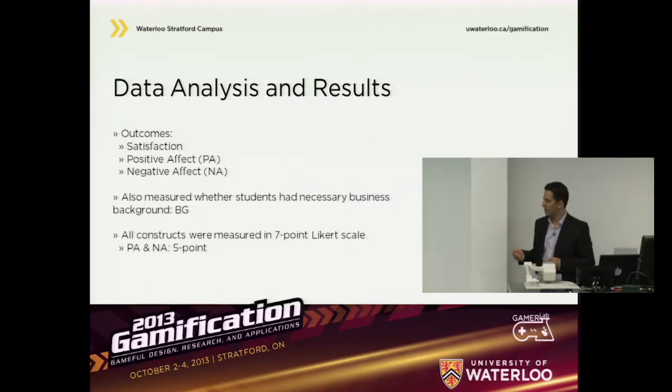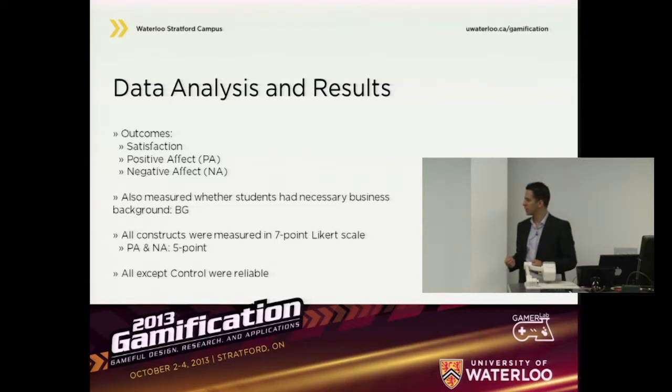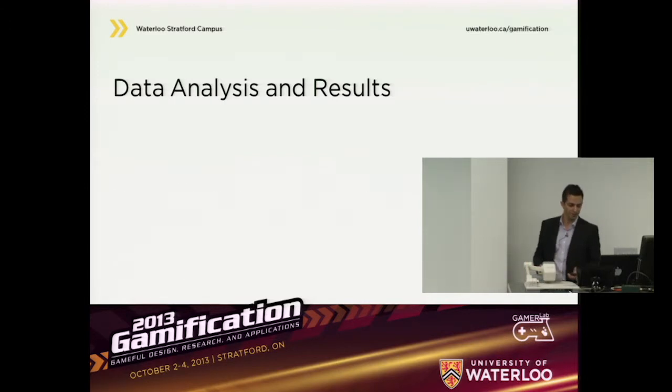All the constructs that we used were measured with a 7-point Likert scale, except PA and NA, which were 5-point. We tested them, and all of our measures were reliable, except the control item that was part of the multidimensional measure of flow. We had to eliminate that one in our results.